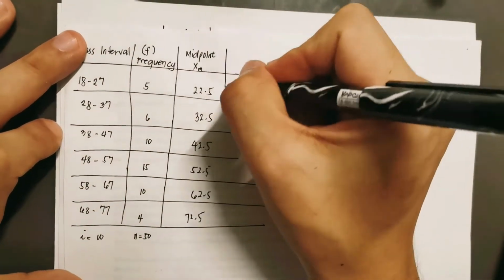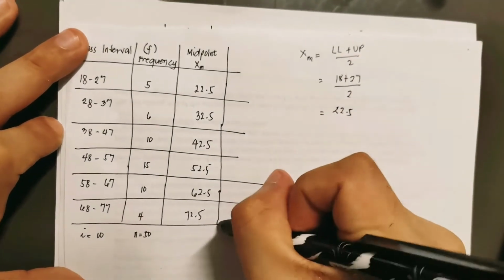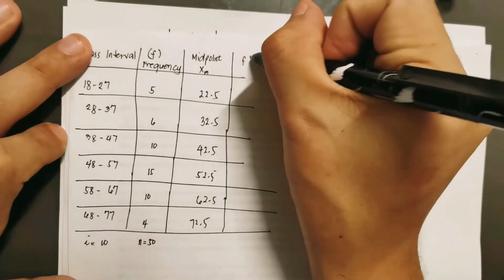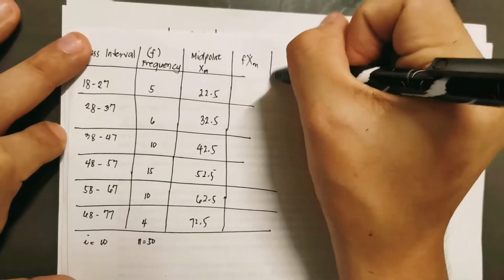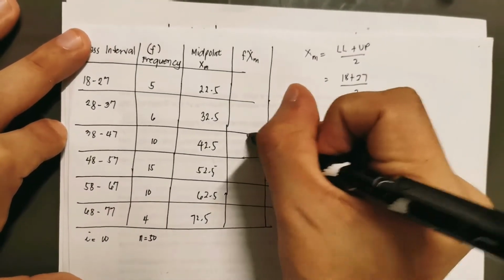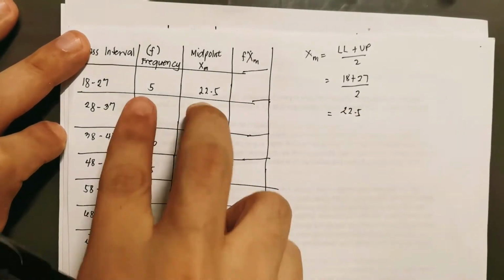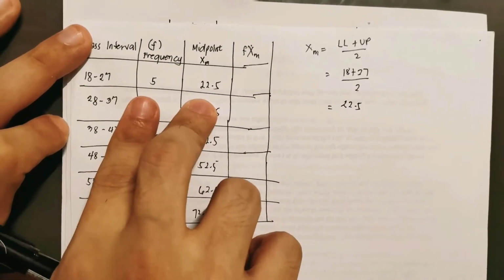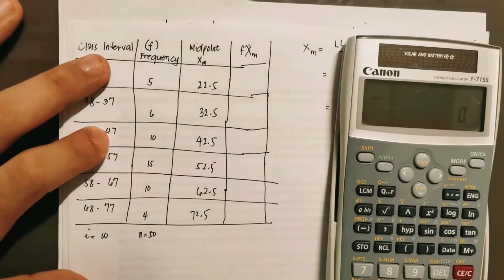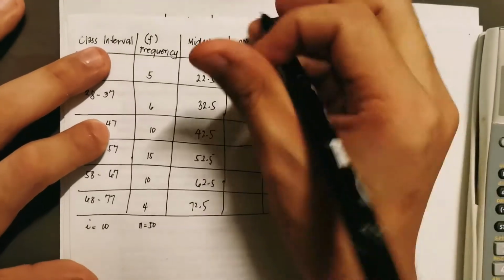That is our midpoint. Now, the next thing that we need is to get the product of the frequency of each class interval and our class mark. That's the purpose why the two columns were put together in this example. Let's start with the first one. 5 times 22.5 is 112.5.